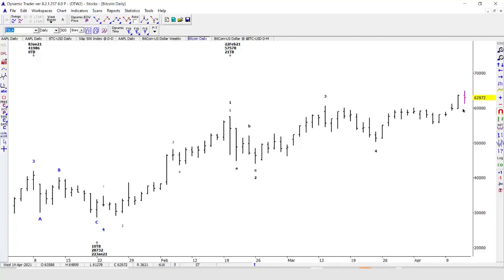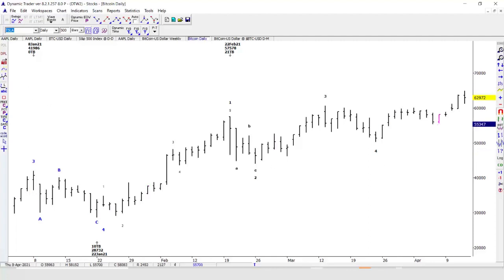Okay, at this point in time, what would indicate that we've completed the final wave 5? Remember that the sections in an ending diagonal can be 3s or 5s. Well, certainly if we traded into an overlap into this last swing high, that would be a strong indication that wave 5 was complete, or if we came down and traded below the last swing low, whatever that swing low might be.